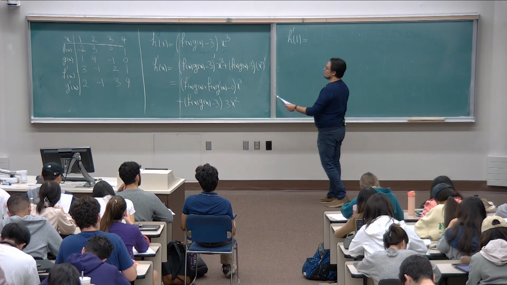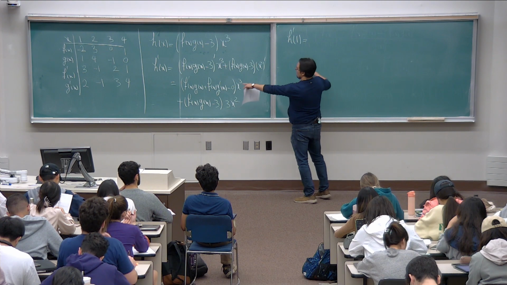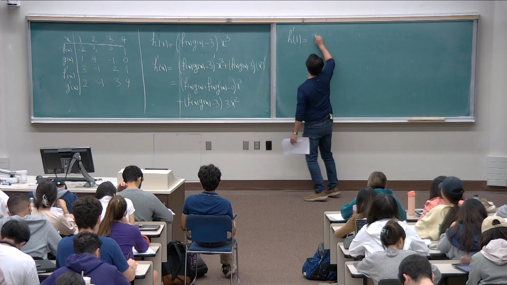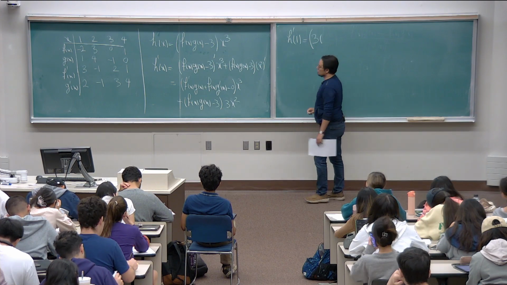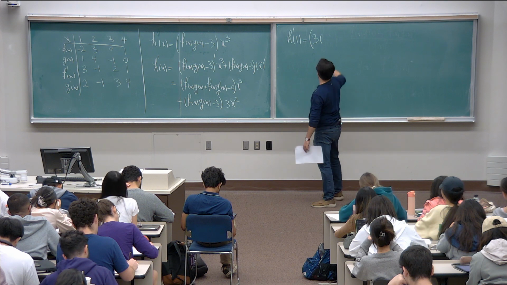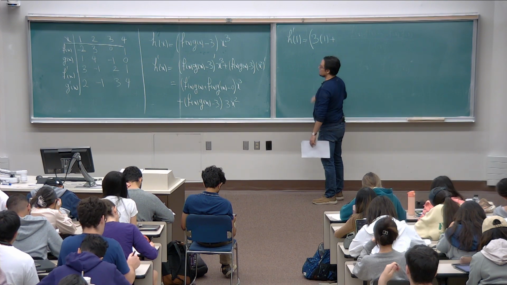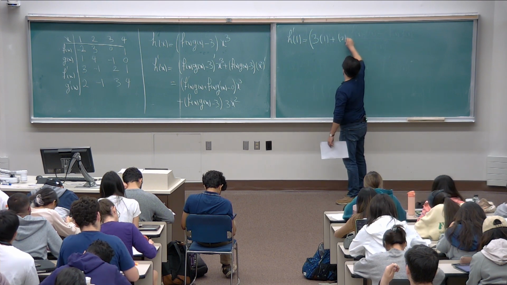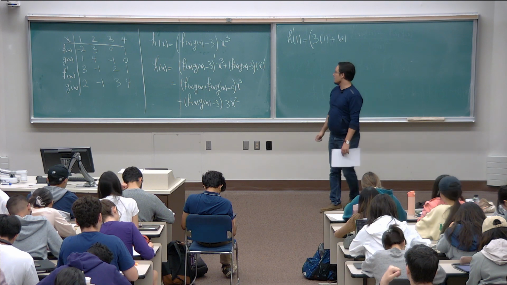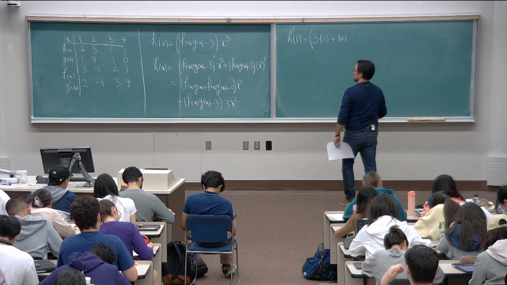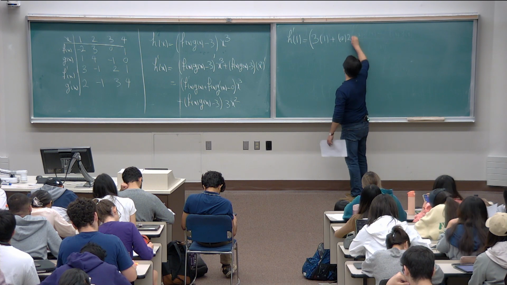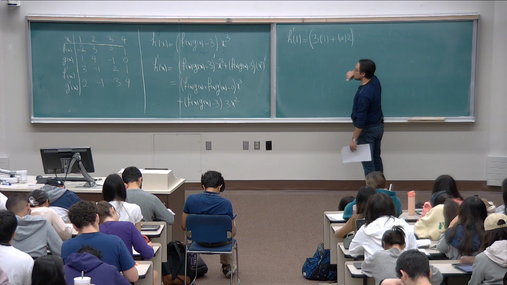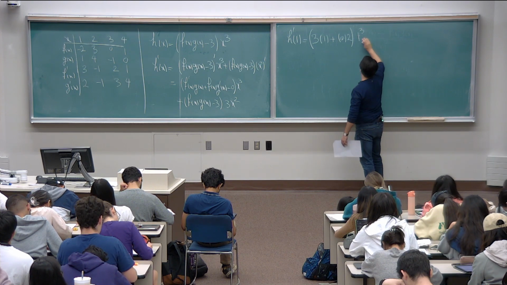So in this case, then we have f prime at 1. f prime at 1 is 3, times g at 1, which is 1, plus f at 1, negative 2, times g prime at 1, which is 2, times, what is it? 1 to the power 3, okay?